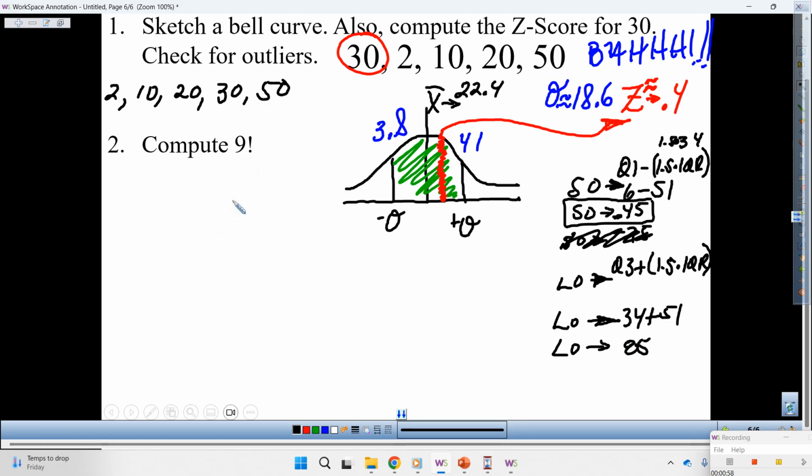9 factorial. What'd you get for 9 factorial? Austin T., what'd you get? Nine factorial? Cole, did you get for 9 factorial?